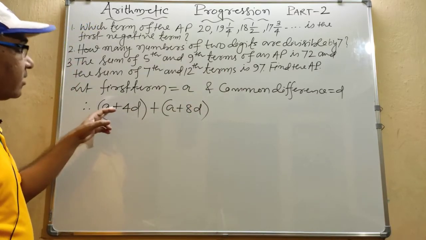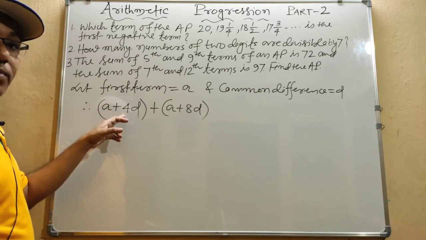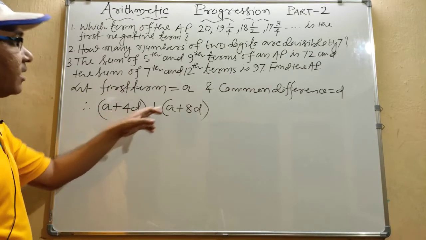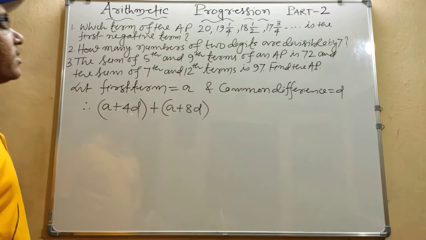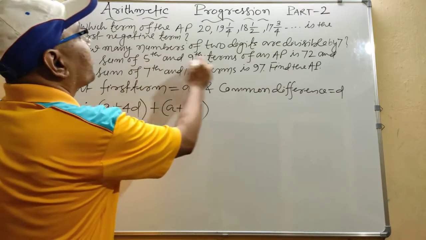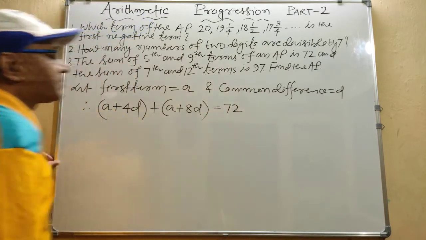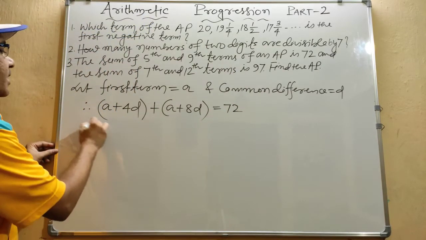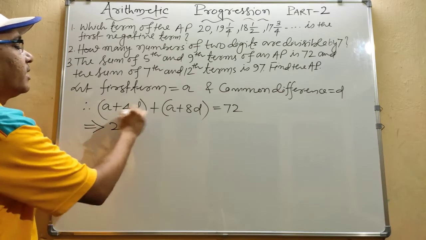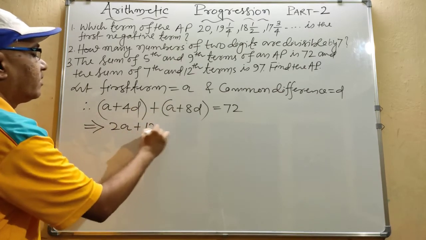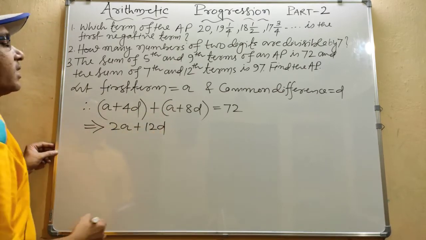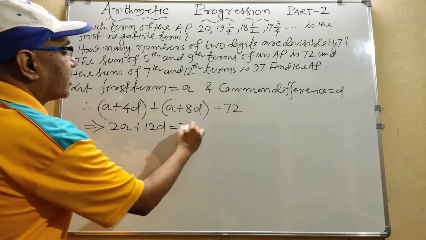First term is A, fifth term is A plus 5 minus 1 into D, that is 4D. Similarly, ninth term is A plus 8D. And the sum of the fifth and ninth term is given 72. It means it is 2A plus 12D, 4 plus 8, 12, is given 72.